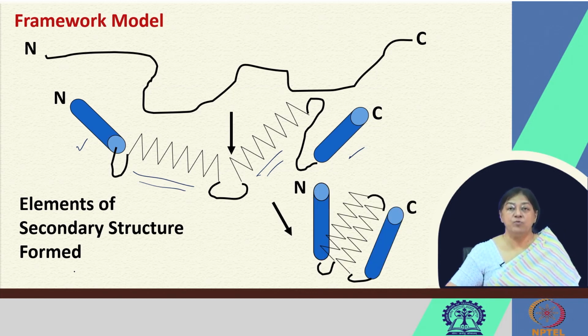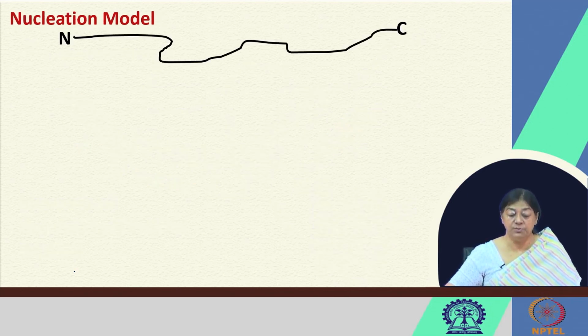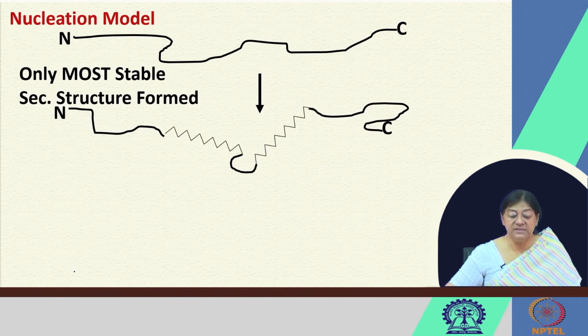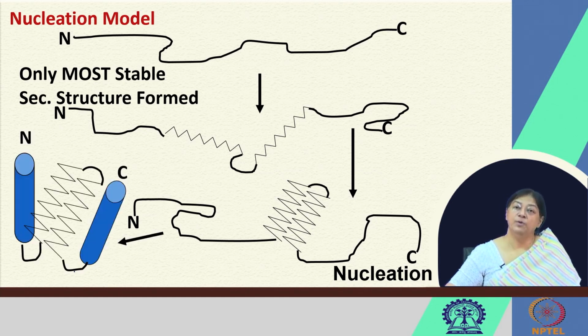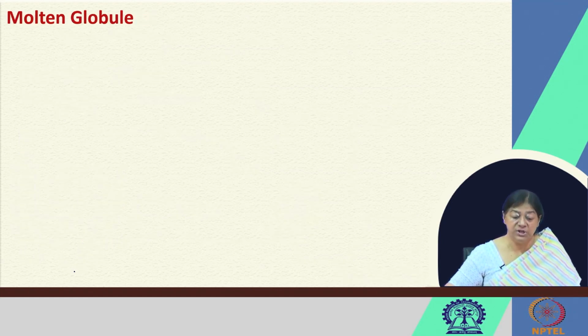So, this is the framework model where we have the elements of secondary structure formed in the beginning. In the nucleation model, only the most stable secondary structure is first formed. Then this associates, giving a nucleation to the protein folding process, and this then finally will form the folded protein. So, we get the final folded structure either by a framework model or a nucleation model.